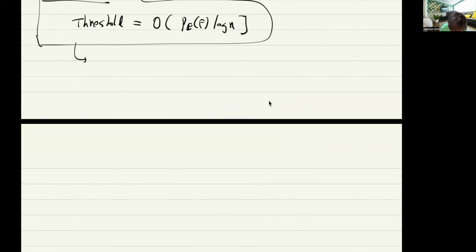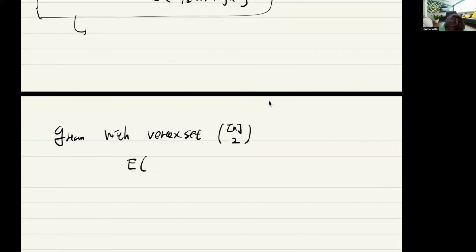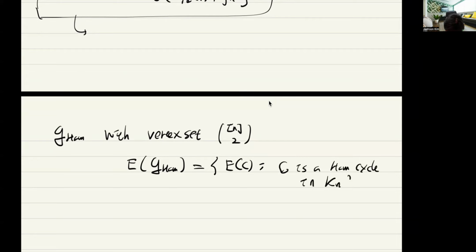So let's consider the hypergraph, say G sub Hamilton, with the vertex set being all the pairs. So it has n choose 2 many vertices. And the edge set is the set of Hamilton cycles in your K_n.